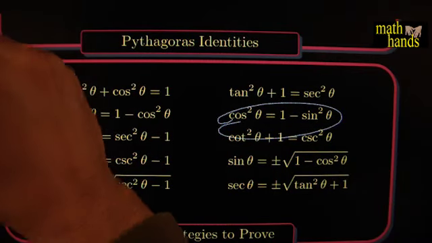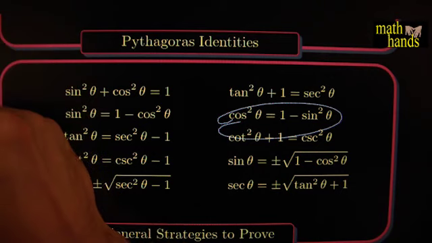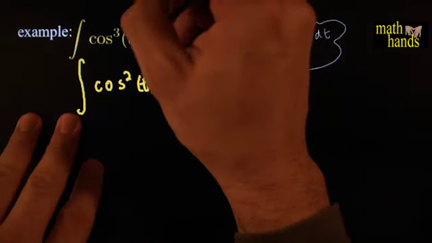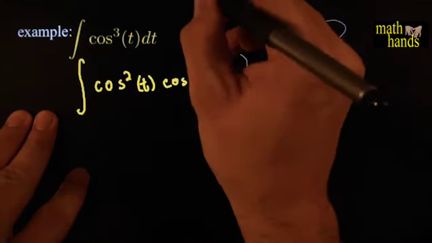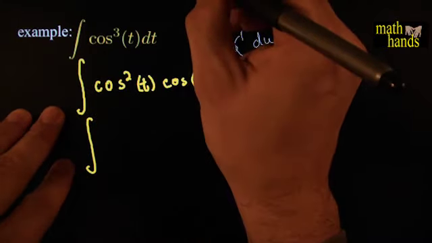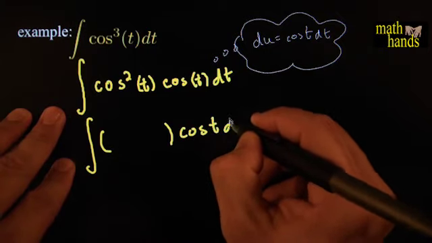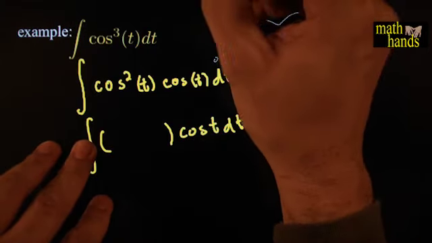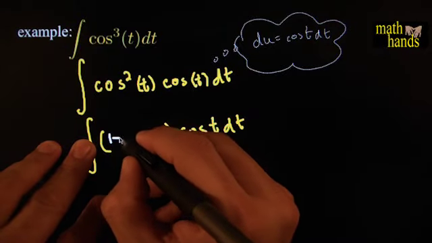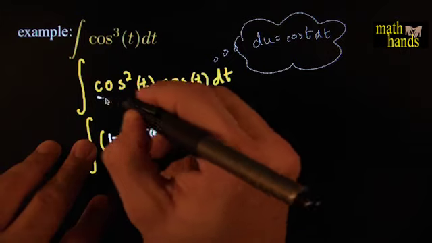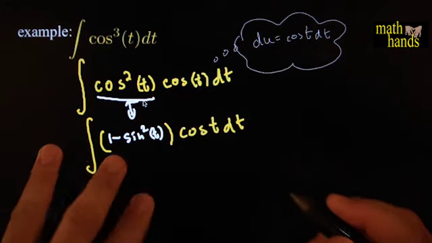So that's exactly what we'll do. I'll exchange that, and this will become the integral of cosine t dt, which is earmarked to be the du, times 1 minus sine squared t. This is the famous Pythagorean identity variation.